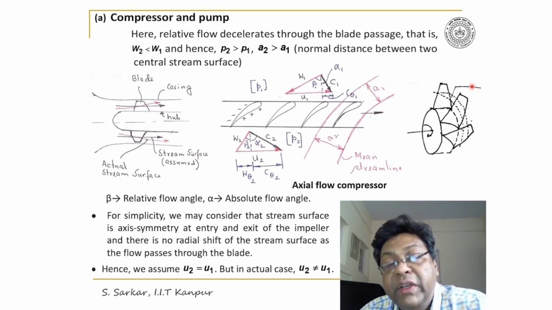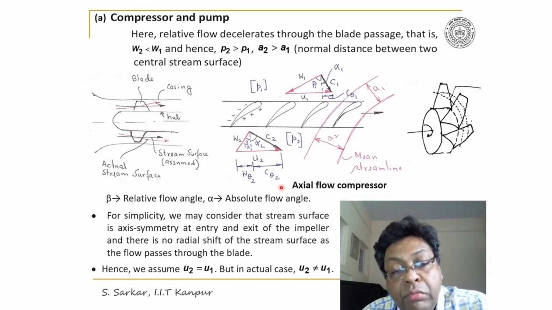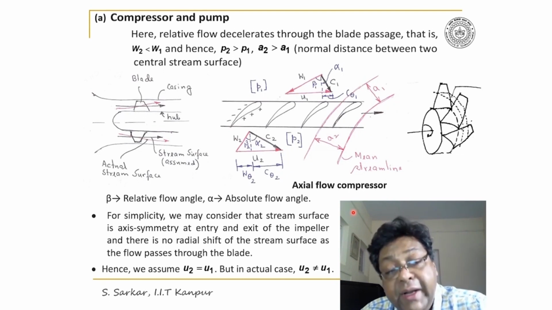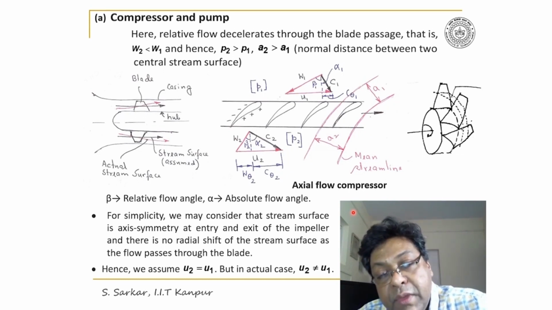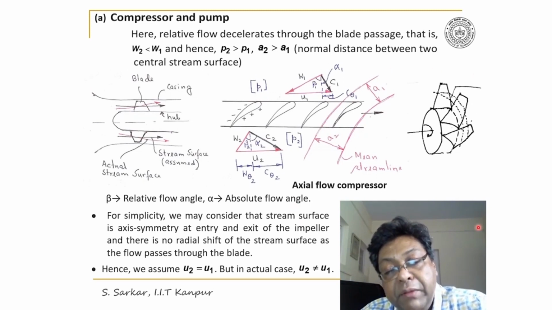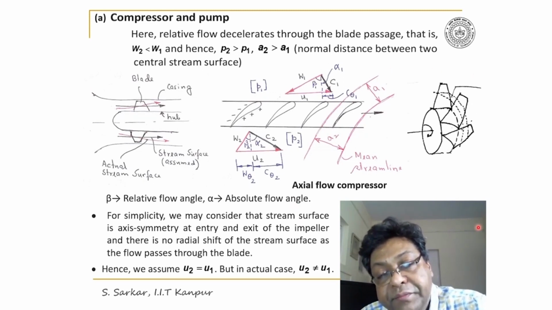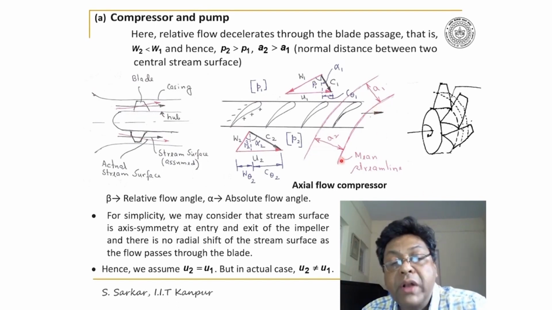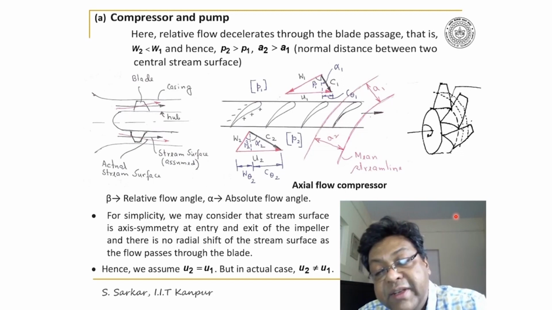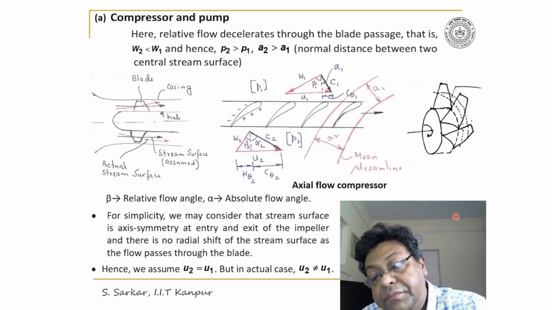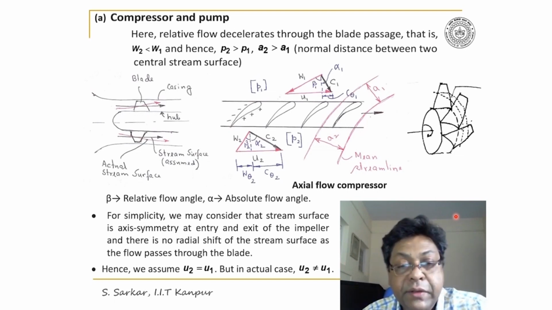Furthermore, here I have considered two streamlines, which are the relative streamlines passing through the mid plane between two neighboring blades. And I have considered A1 and A2 to be the nominal distance between these two streamlines.